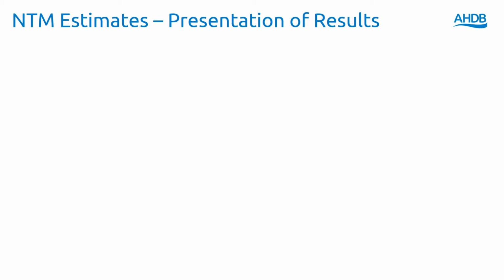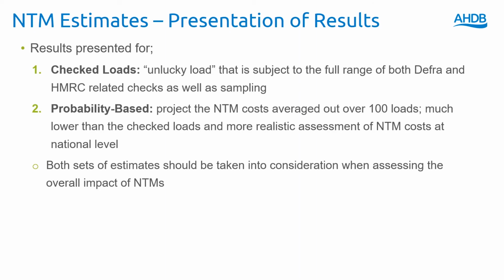And in terms of how we calculated the NTM costs, we firstly looked at checked loads, what could be called almost the unlucky load that is subject to the full range of checks and sampling, whether that's imposed by DEFRA or whether it's imposed by the HMRC, because there are distinct categories of checks that take place. And then from there, once we quantified the full potential costs that could take place across various Brexit scenarios, we then started to apply probability to those estimates.